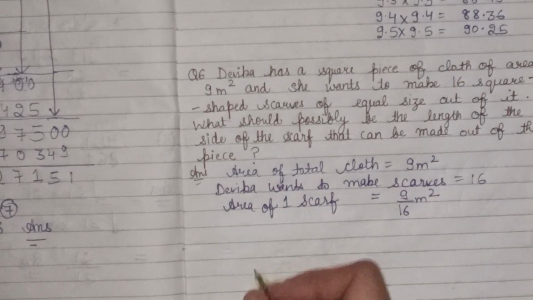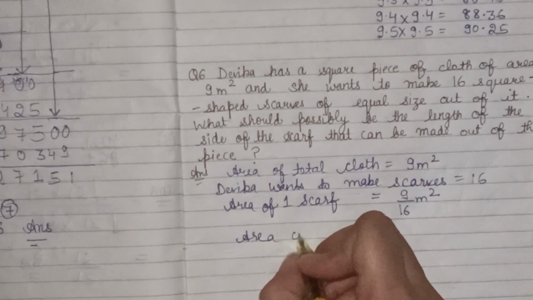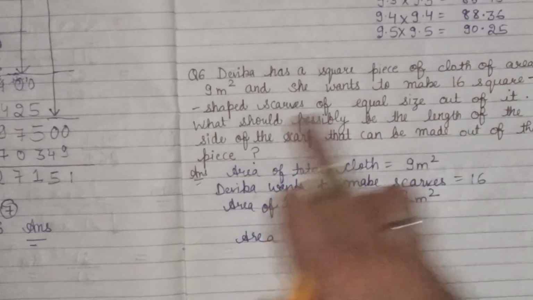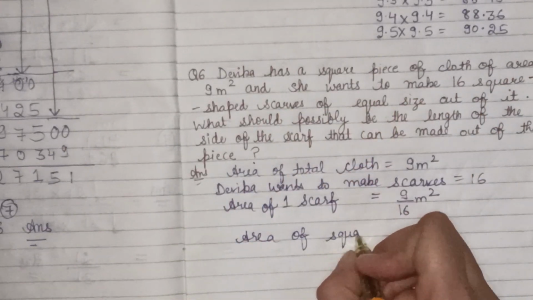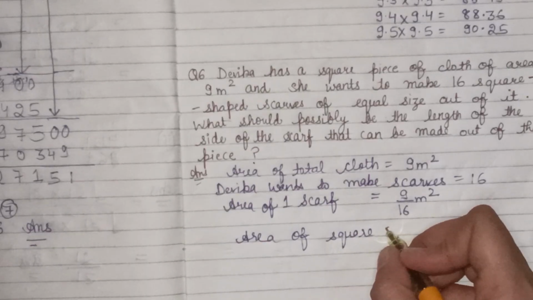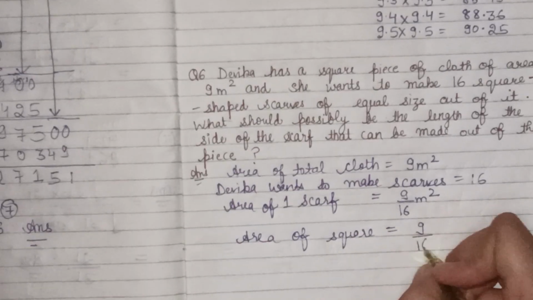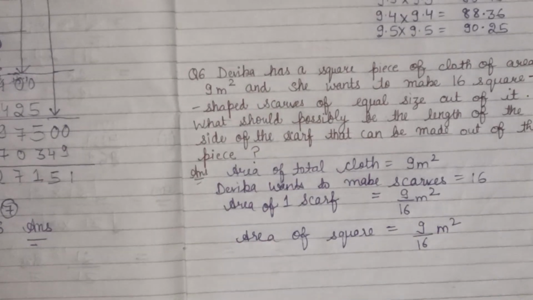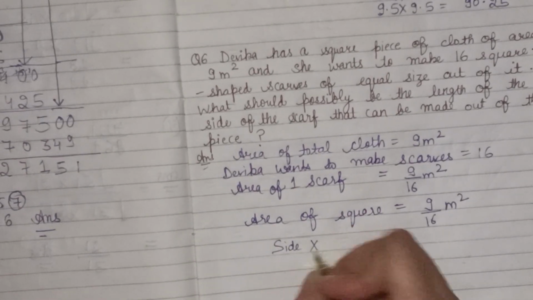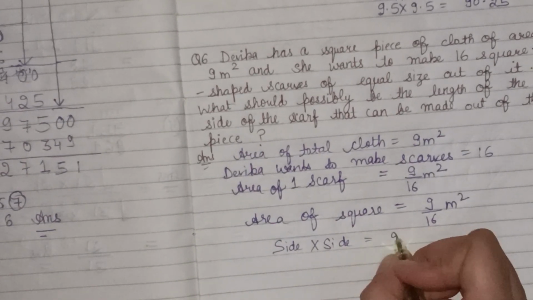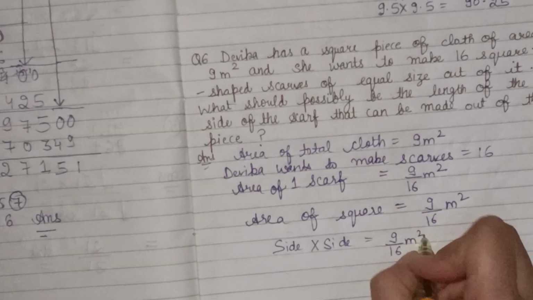Now, area of square: 16 square scarves of equal size. So the area of a square is equal to 9 upon 16 meter squared. We know that area of square is equal to side multiplied by side, which is 9 upon 16 meter squared.